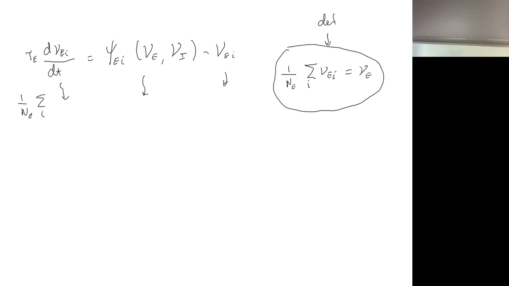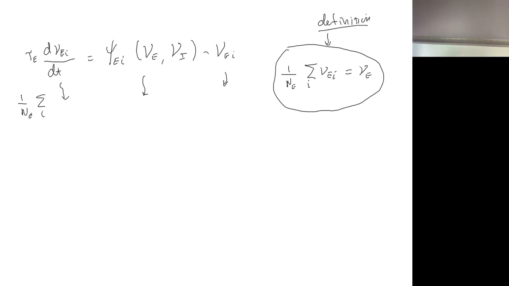And remember, by definition, 1/n, actually we should number inhibitory, excitatory firing rates, the sum on i of nu E i equals nu E. This is a definition of the average firing rates.